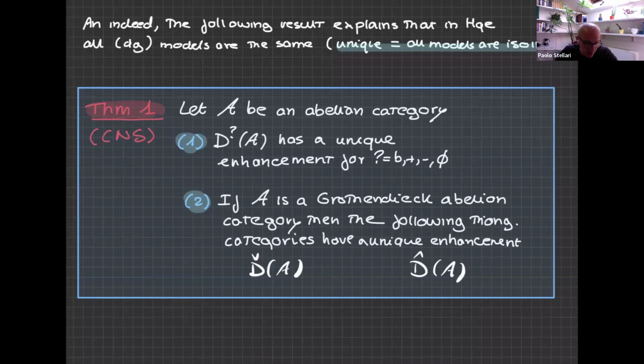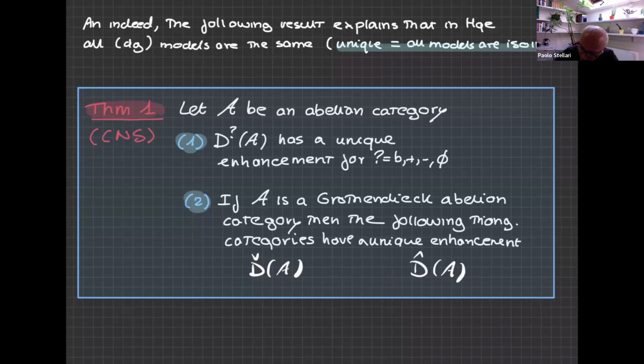Okay, that was a conjecture which was open for a few years when we were dealing with the derived category of coherent sheaves on a projective scheme, or the bounded derived category of coherent sheaves on a similar scheme. Then this conjecture was solved by Lunts and Orlov some years ago, and then generalized in several ways up to this one.